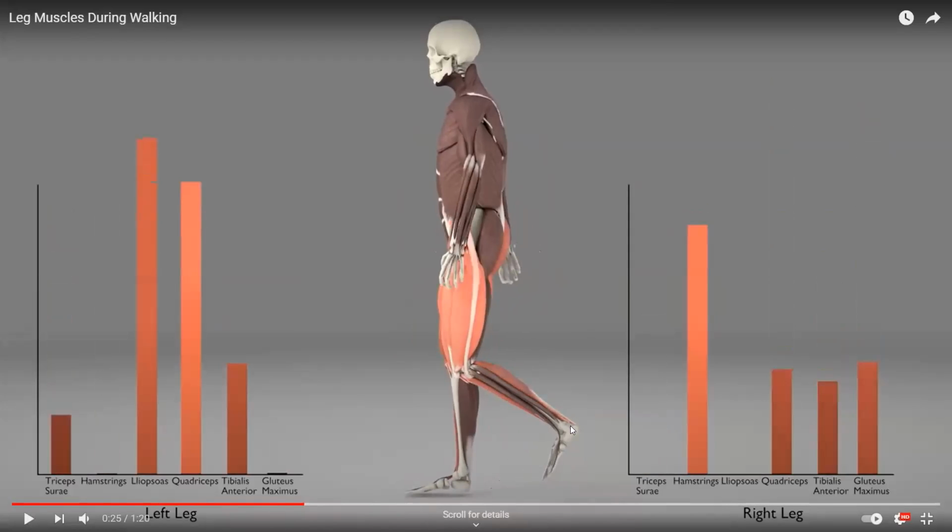So this is the left leg here. Can anybody tell me what phase, and you can look through your notes if you want to. Let's say the toes of this skeleton just left the ground, so now the foot is in the air.